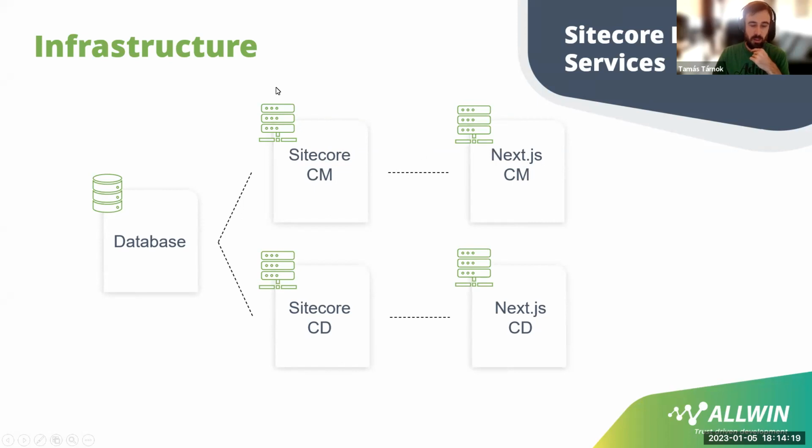Because usually content management servers are not publicly available, so they don't really have access to the internet, so it can't really access the Next.js content delivery server. And the Next.js content delivery server, we don't want to connect to the content management server. So that's why we made the decision to have a separated one.